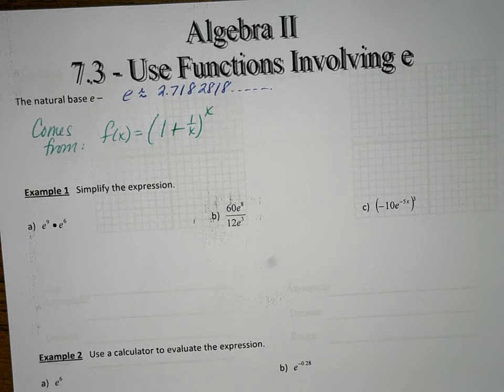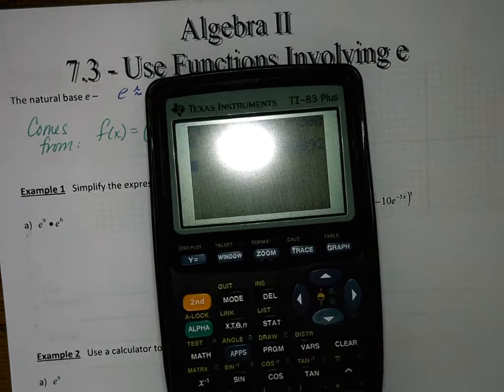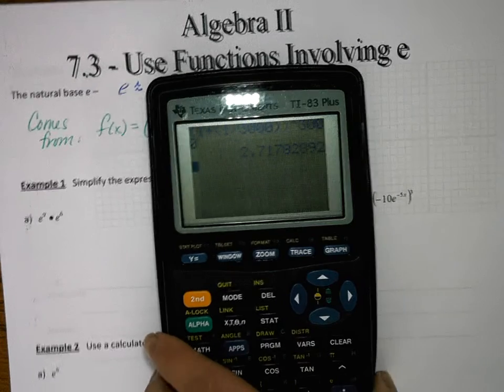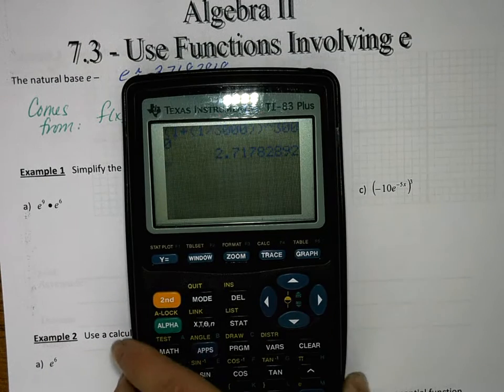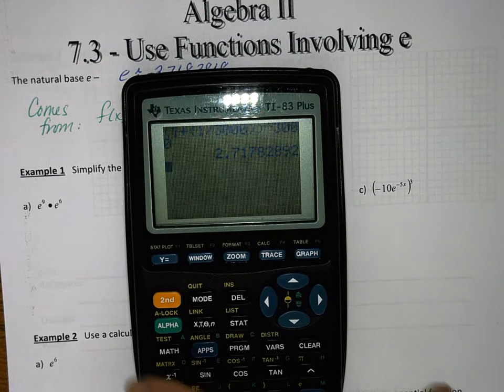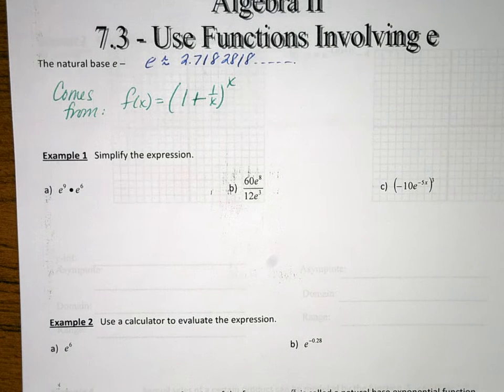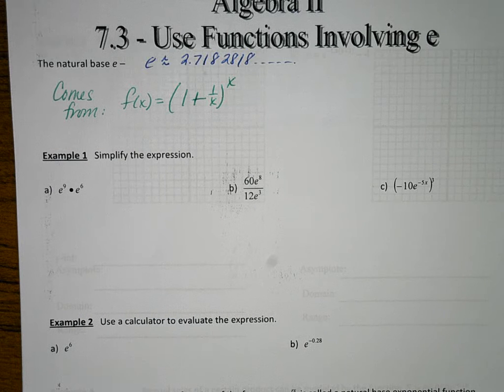What do we got? Plug in 3,000. Plug in 3,000, we get about 2.717828. Anybody notice something that's happening? We are getting closer and closer to that number.